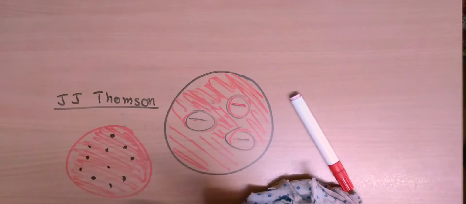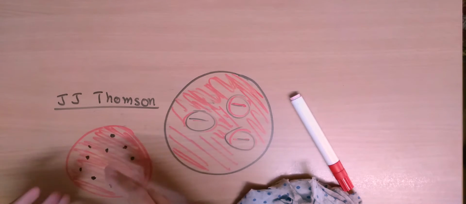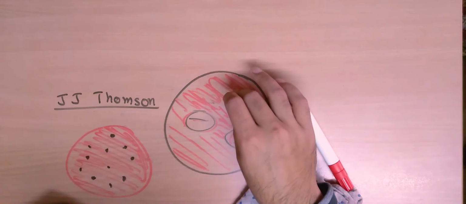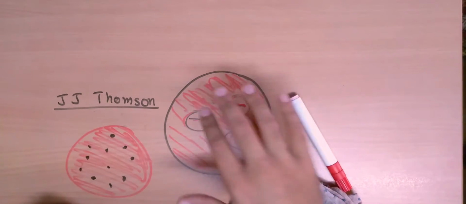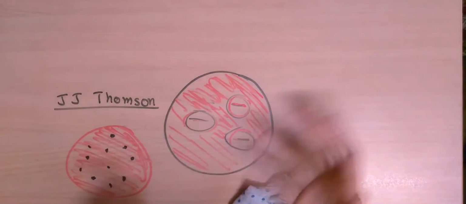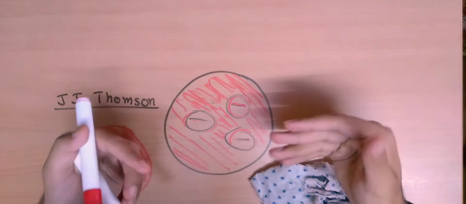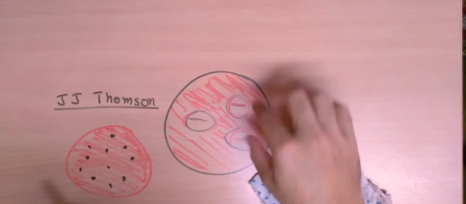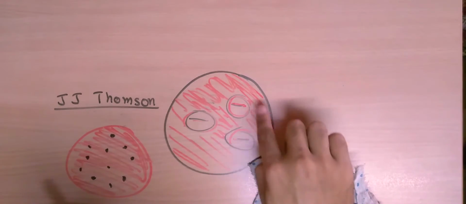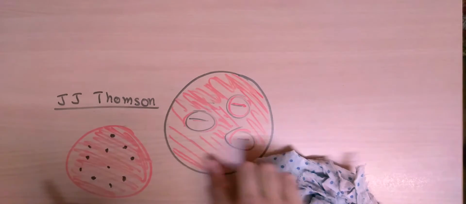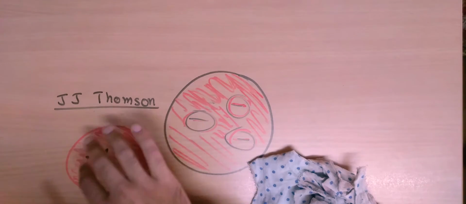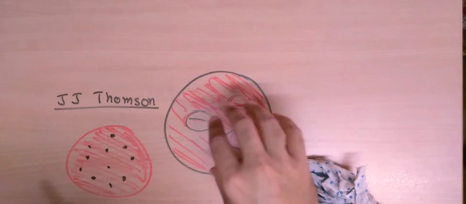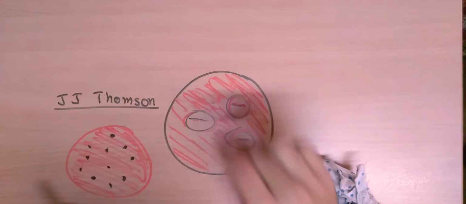Now just like I can extract seeds out of the watermelon, we can extract these small negatively charged particles from this atom, which justifies the result that negatively charged particles were obtained from atoms. But the atom as a whole is neutral, because we have these negatively charged particles and its positively charged outer area, just like the watermelon's red part, and he called this a positively charged soup. So it might be like a soup, and inside the soup we have these negatively charged particles.